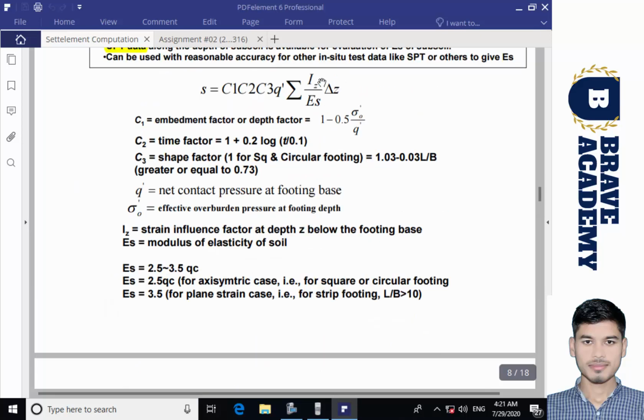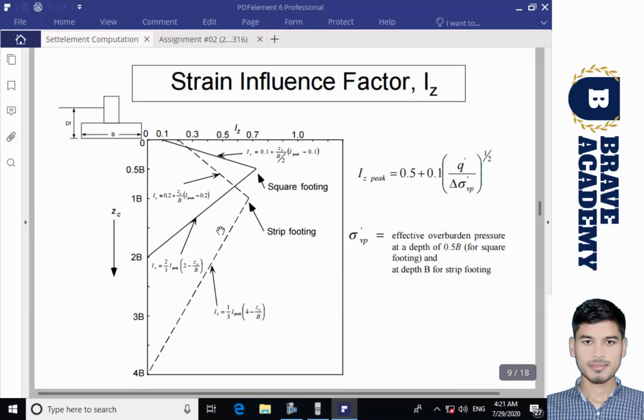Here Iz is a strain influence factor that can be calculated by using formulas.